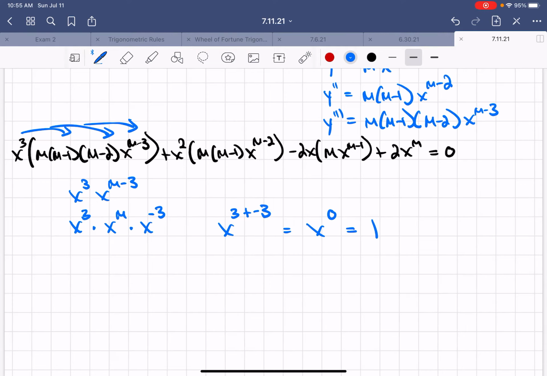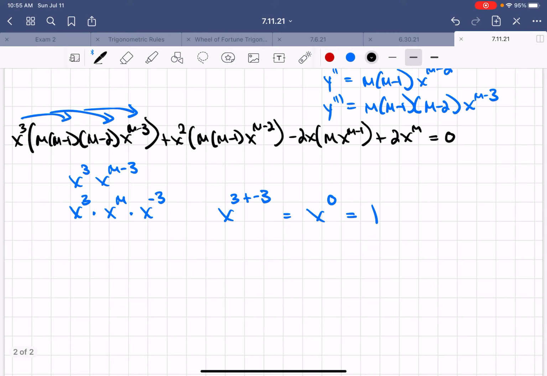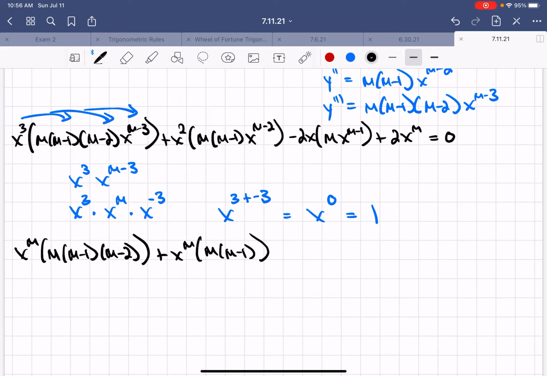So what you would get then is x to the m, minus 1, plus x to the m, minus 1, x to the m, plus 2 x to the m equals 0.